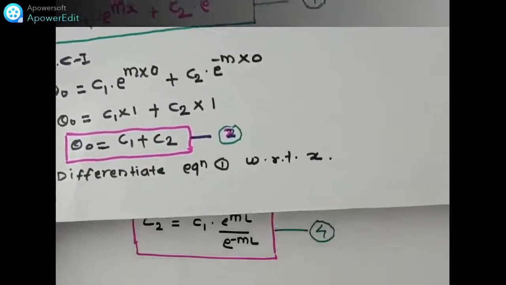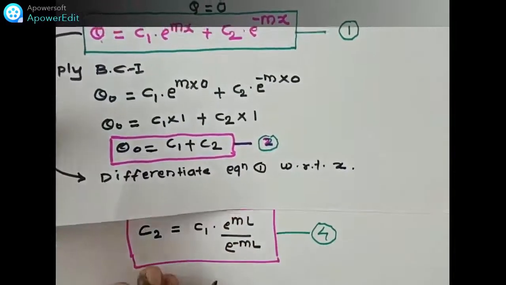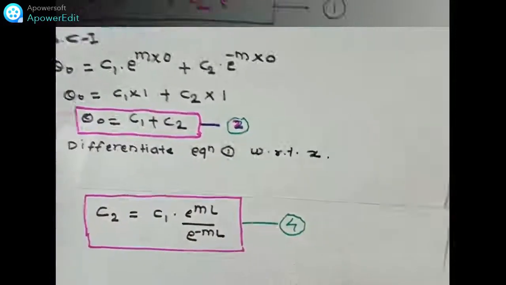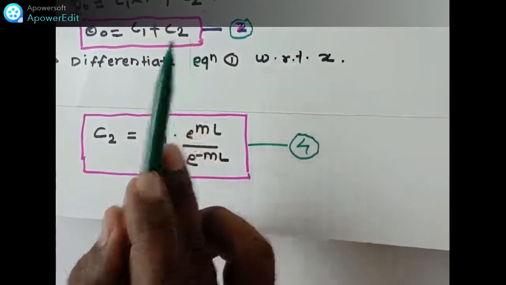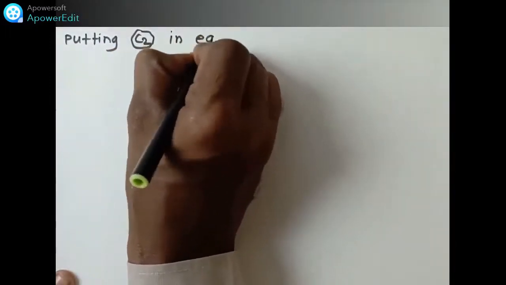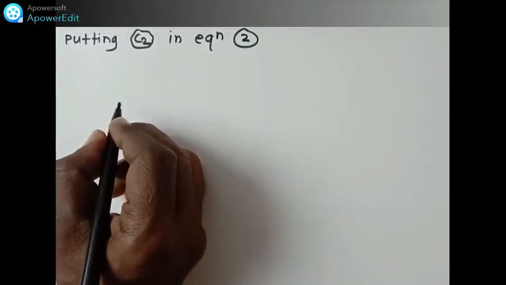So we can put now the value of C2 in the above equation, that is equation 2. So here, putting C2 value in equation 2, what do we find?